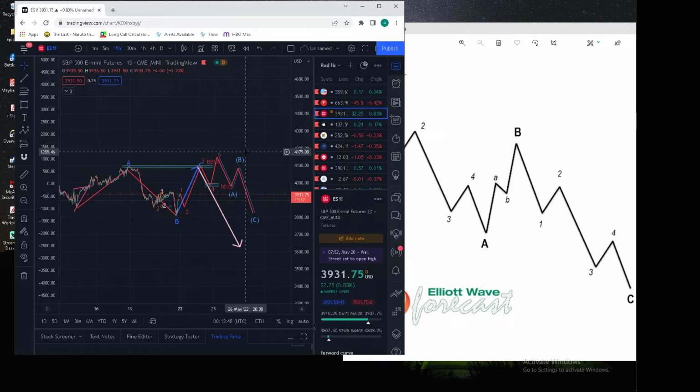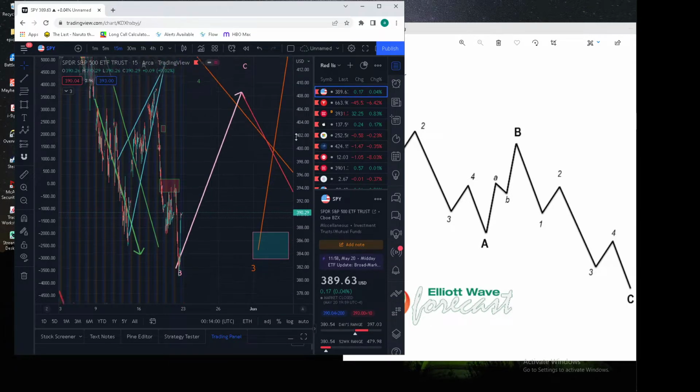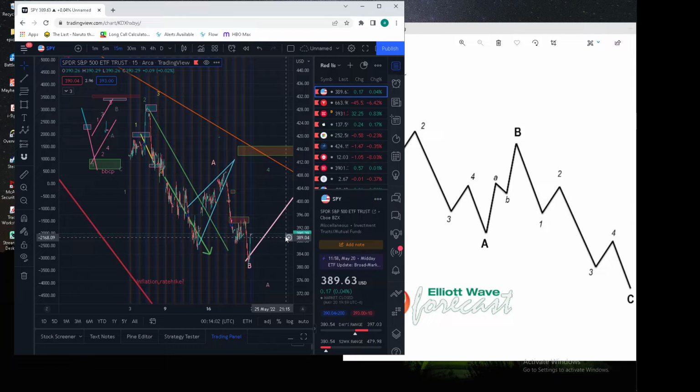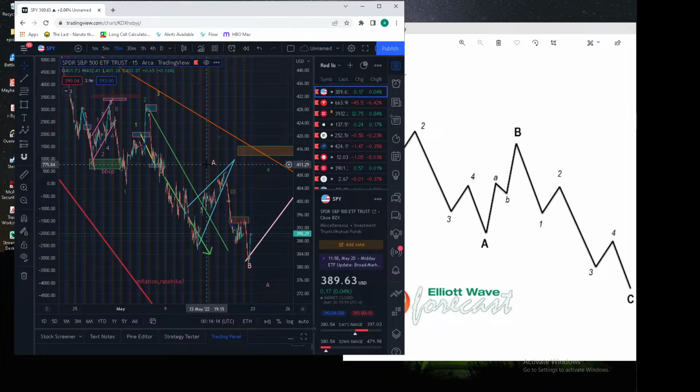To be honest, this is kind of what I see SPY in right now, this leading diagonal. And that's why I said 350 is where I'd like to see the bottom of this go before getting a nice wave two up.